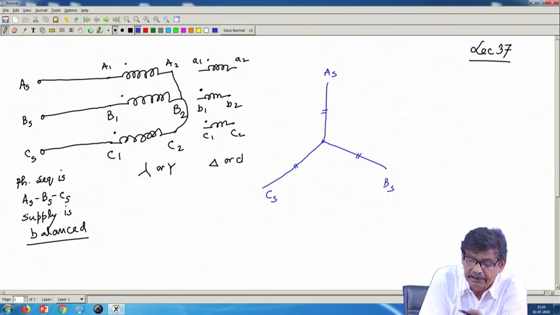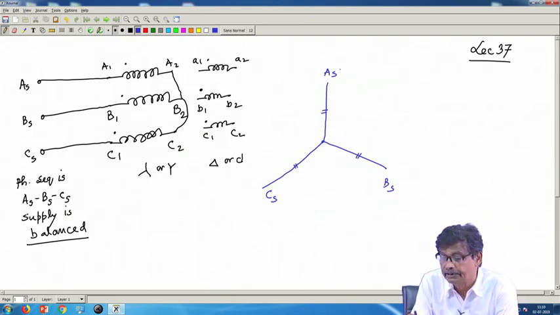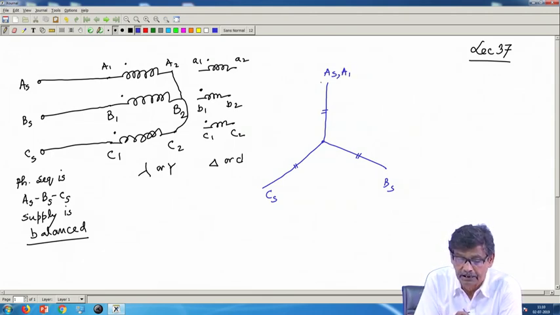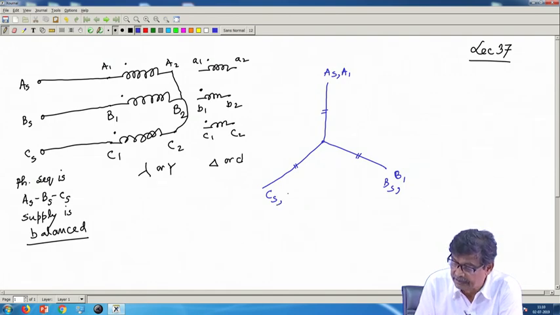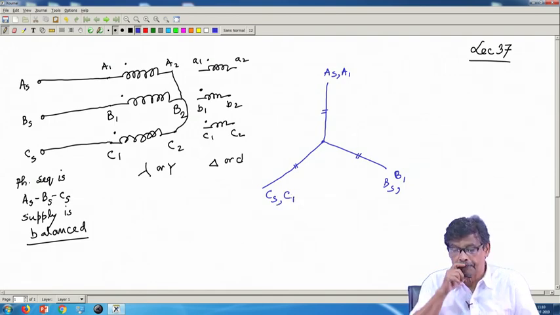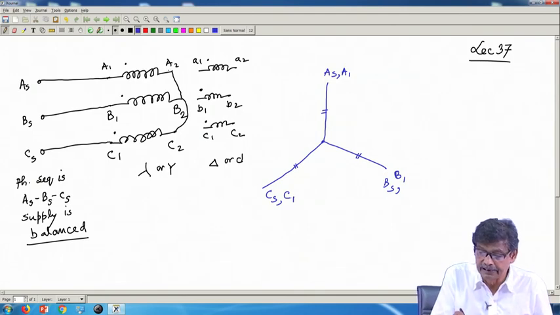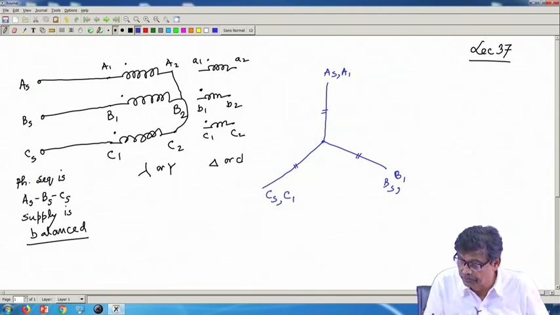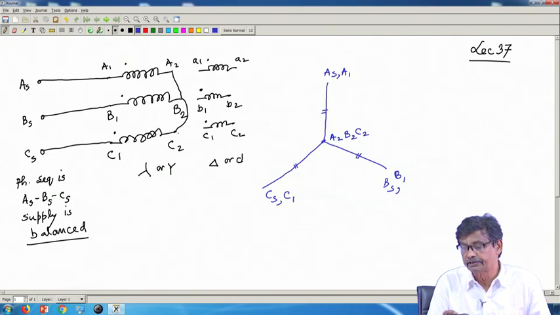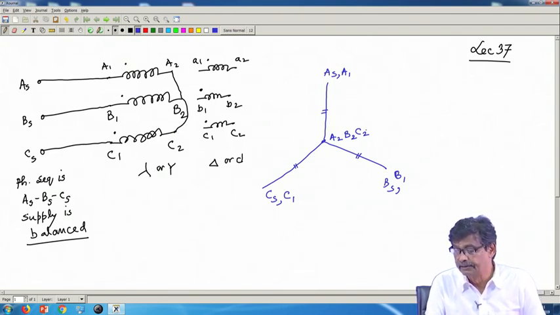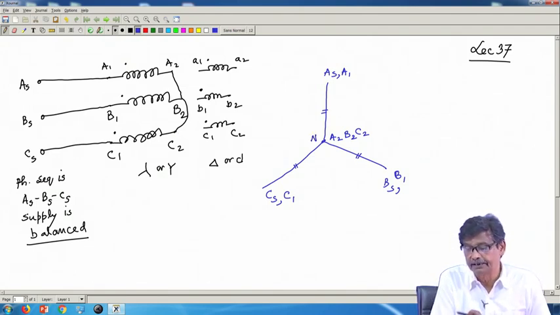And note that AS is connected to A1, so I will write it is also A1, not at this point. Similarly, BS is connected to B1, so B1, and CS is connected to C1, so C1. And since A2, B2, C2 are shorted, A2 is here, B2 is there, C2 is there. They are shorted, so their potentials are same, and this in fact is the neutral of this side.